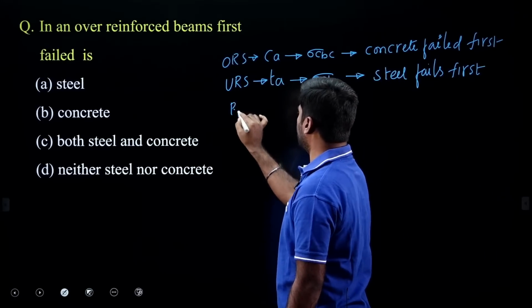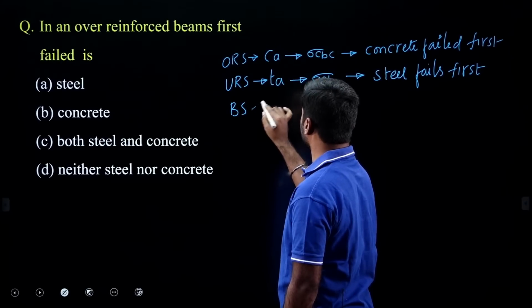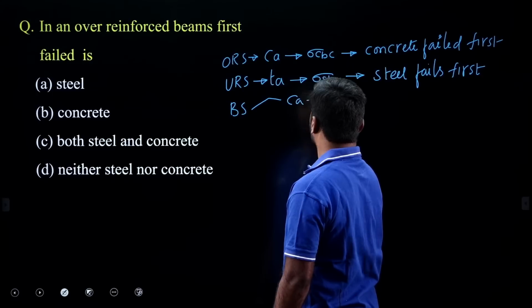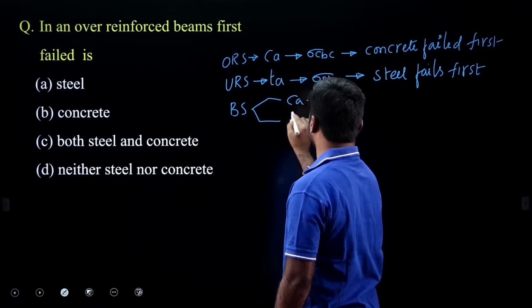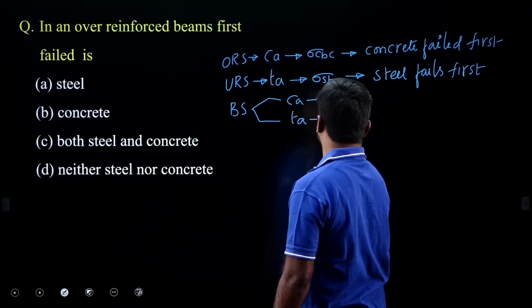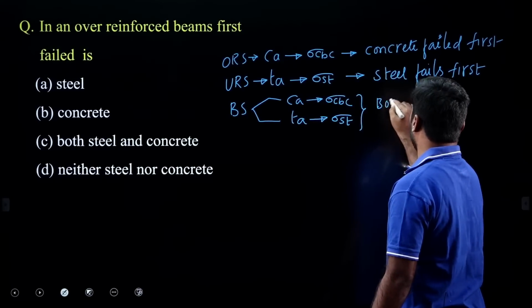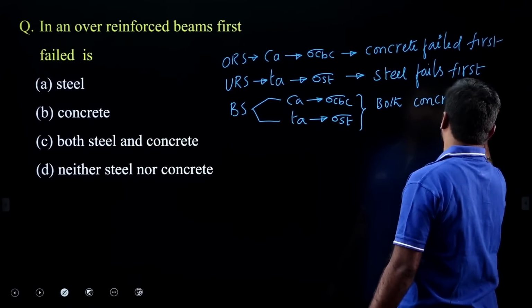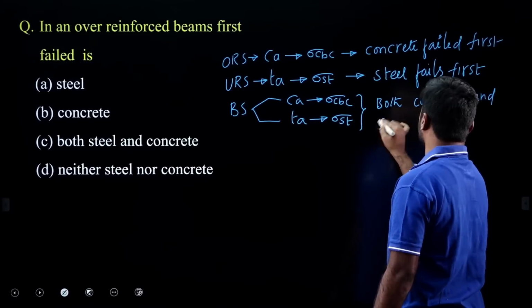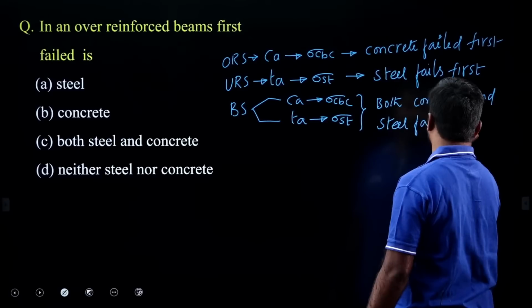If it is a balanced section, stress in concrete reaches its permissible stress, and stress in tension steel also reaches its permissible stress. Hence, both concrete and steel fail simultaneously.